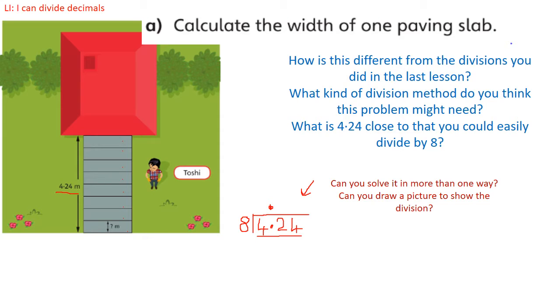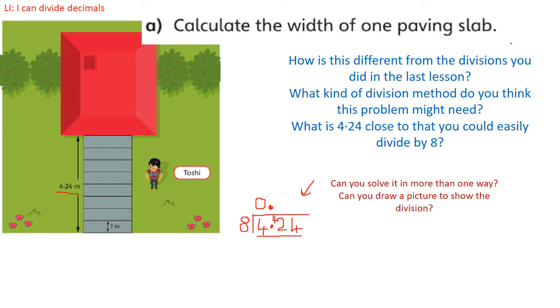The first thing we need to ask ourselves is how many lots of 8 can we get from 4? We can't get any. So we've got 0 groups, and we're going to have a remainder, and our remainder is 4. So now we're going to ask how many lots of 8 can we get from 42?